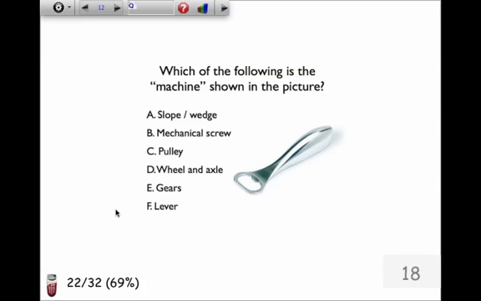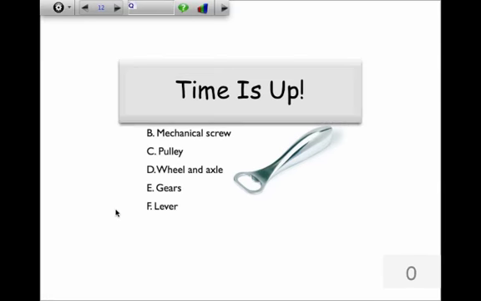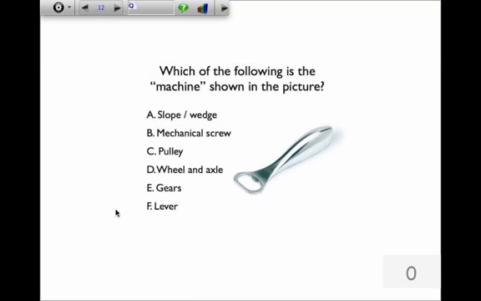This is, of course, a bottle opener, but it's the same idea. There's one more. Leaving it to the last second here. So it's a lever.